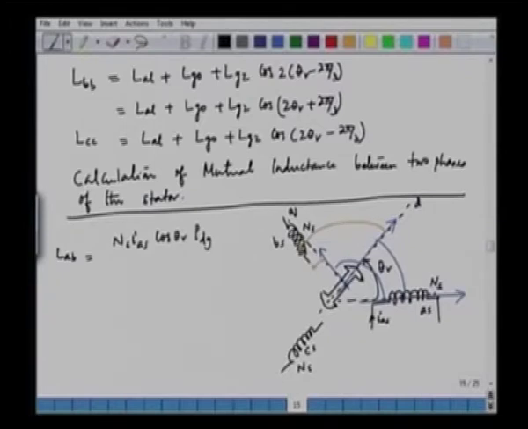So, this angle is 120 minus theta. So, so far as the cos is concerned, cos of minus theta and cos of plus theta are the same.